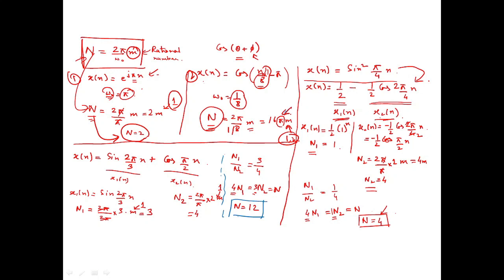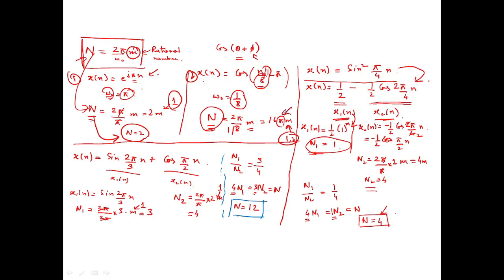Now we have to find out the N values for both x1[n] and x2[n]. Over here, x1[n] can be written as half multiplied by 1 to the power n. So here N1 is equal to 1, because there is no omega naught associated over here, so that would be 1.